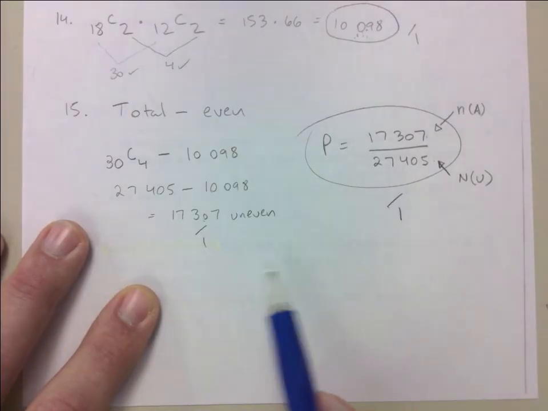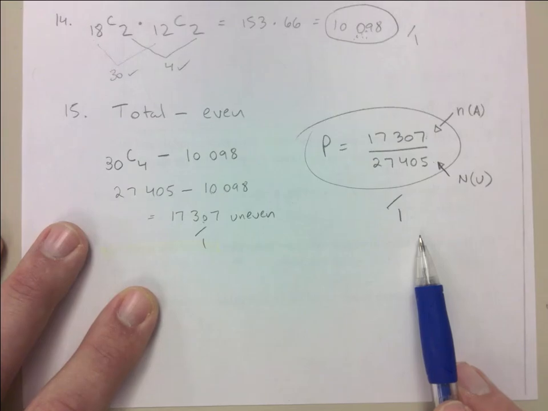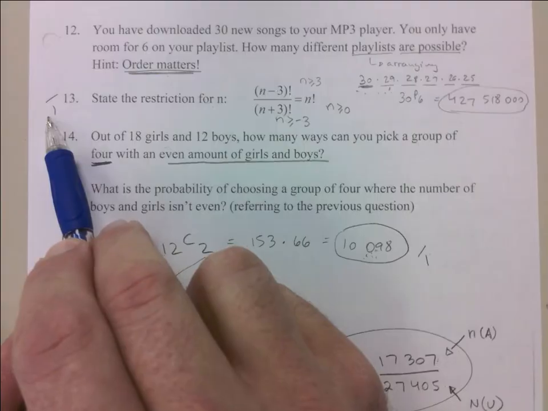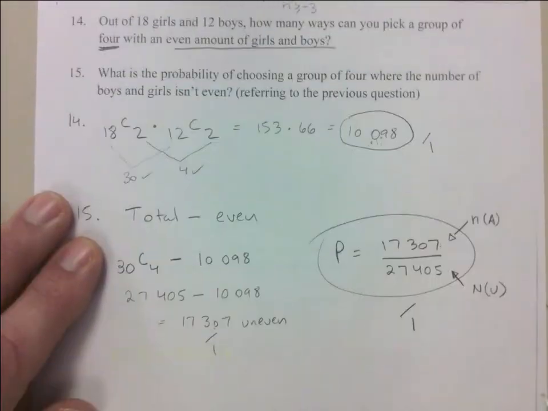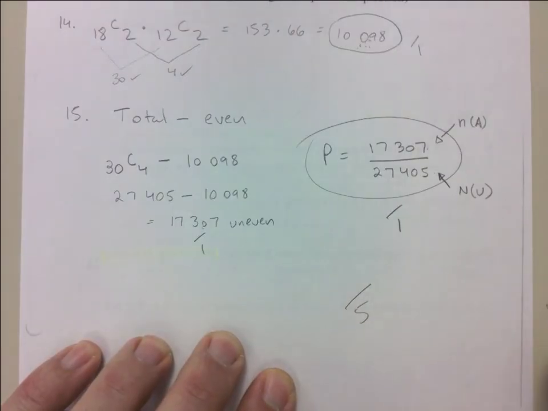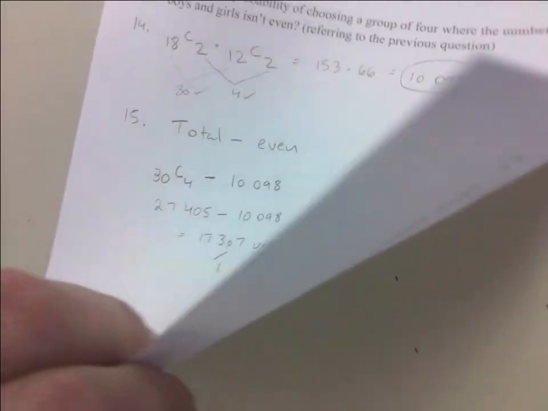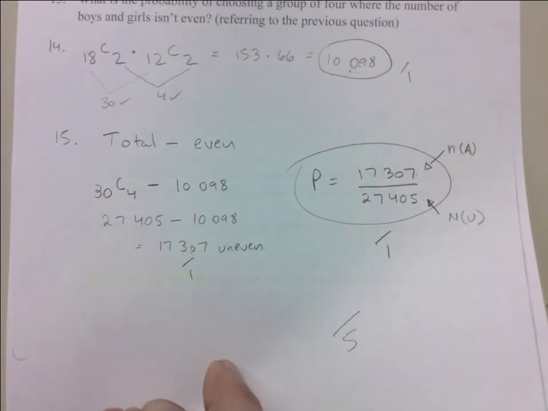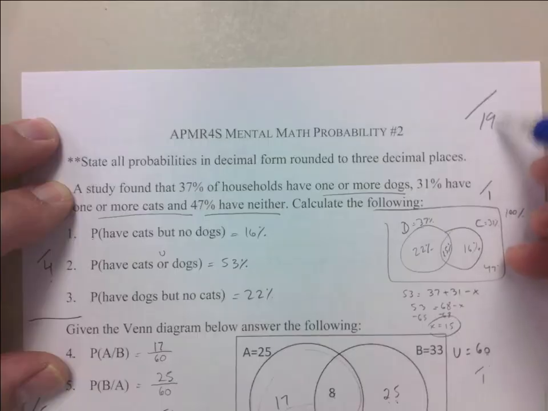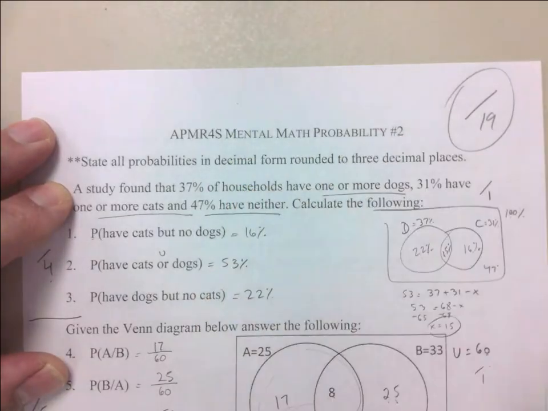So the back side, we've got 2, 3, 4, 5. 5 marks for the back side. That gives us 19 total, right? Out of 19 in total. Put your name and last name up top.